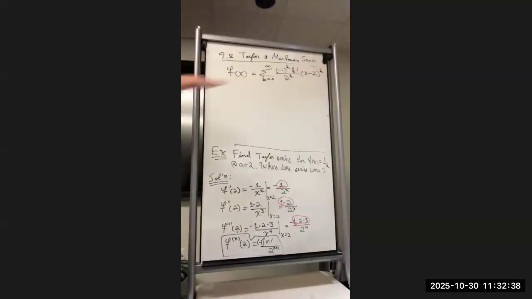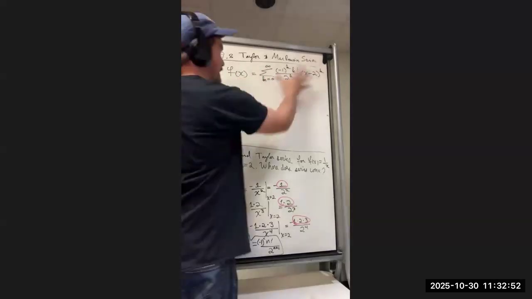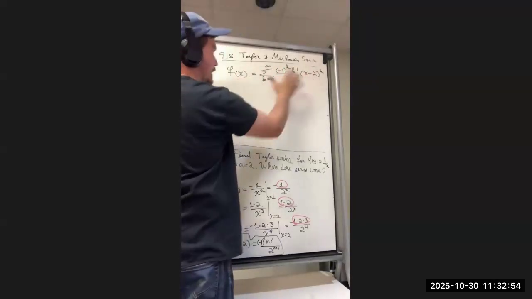Now, once you write something like this down, it may not be obvious that f has a name. It might not be a sine, it might not be a cosine, it might not be a natural log, it might not be any sort of function that you can name directly. But you have an expression for it here.